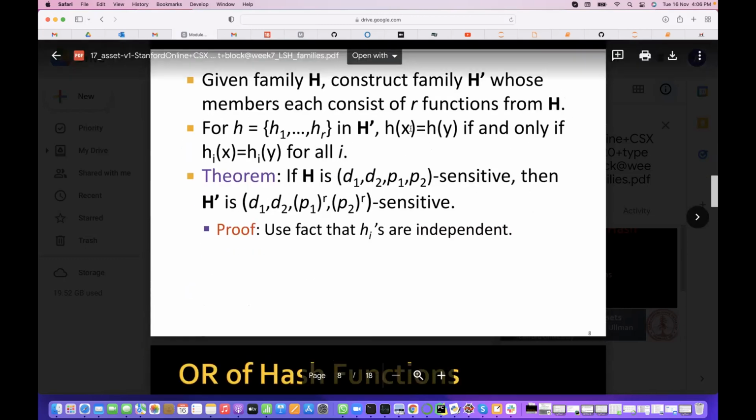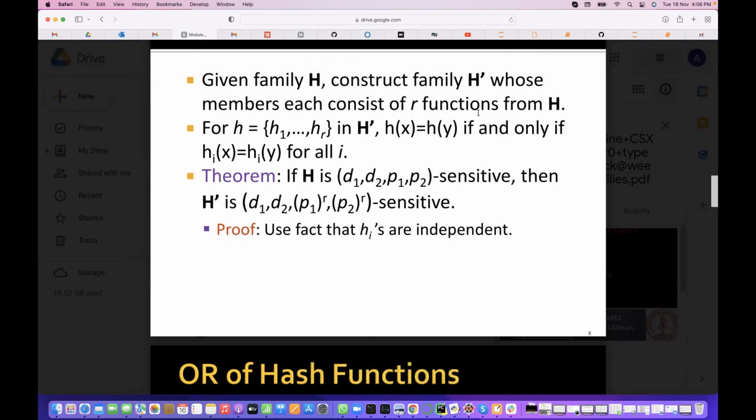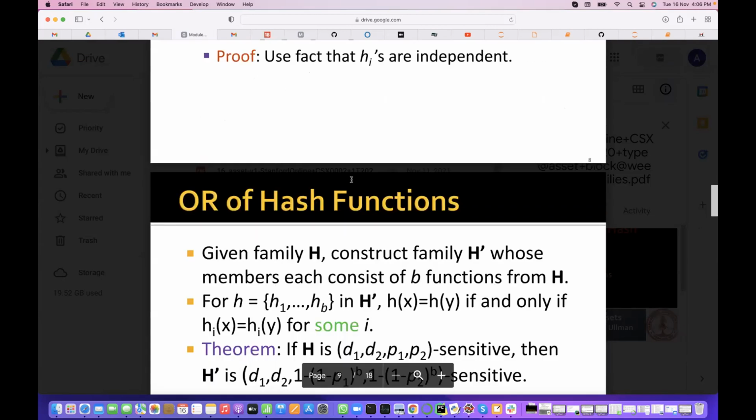So given family H, construct family H prime, whose members each consist of R functions from H. For H equal to h1 to hR, and H prime, hx equals hy if and only if hi(x) equals hi(y) for all i. So the theorem: if H is (D1, D2, P1, P2) sensitive, then H prime is (D1, D2, P1^R, P2^R) sensitive.